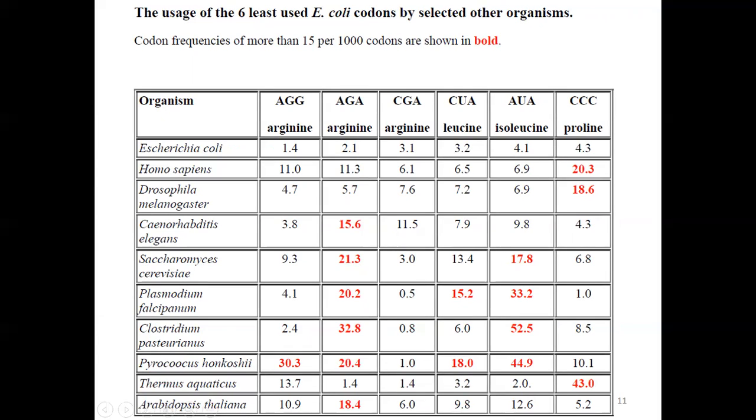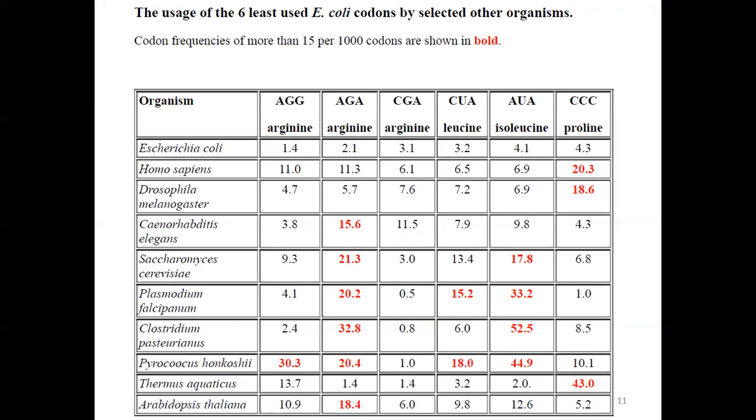For example, in the case of proline, the frequency of CCC in E. coli is 4.3, but in Homo sapiens, the frequency of usage of CCC for proline is 20. This is a very good example of bias.